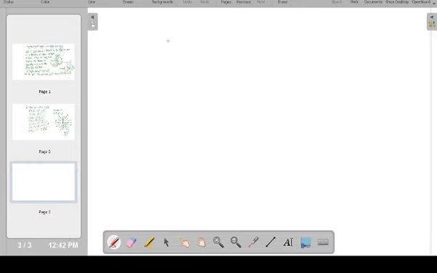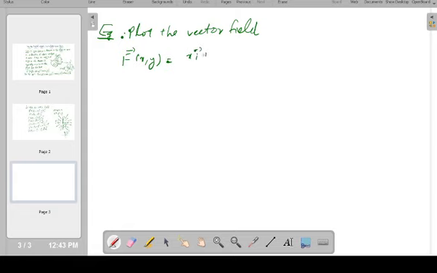Example: plot the vector field f of x comma y equal to xi plus yj divided by square root of x square plus y square.